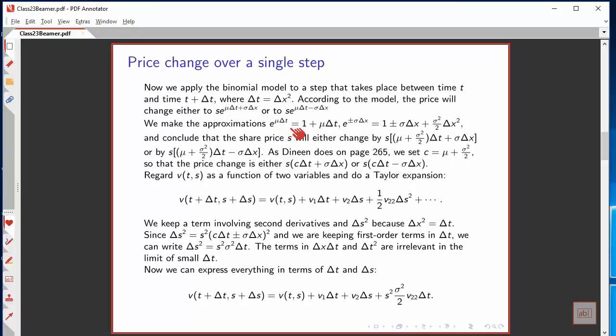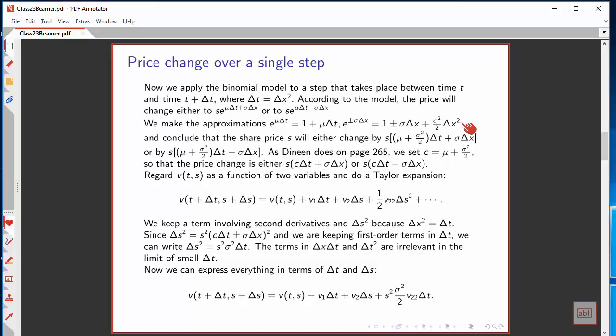For short times delta t, I can approximate the exponential of mu delta t by 2 terms in the Taylor expansion. For the exponential of plus or minus sigma delta x, I have to keep 3 terms because delta x squared is going to be equal to delta t, so this is just first order in delta t.